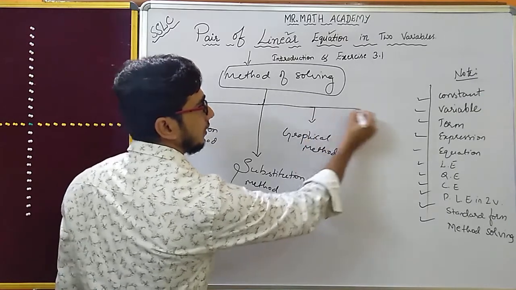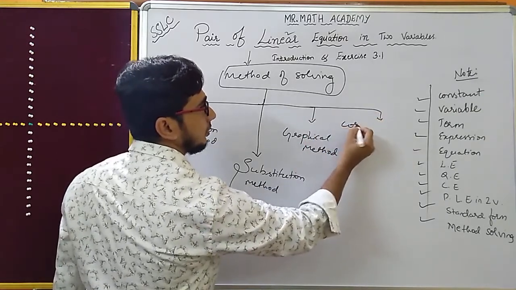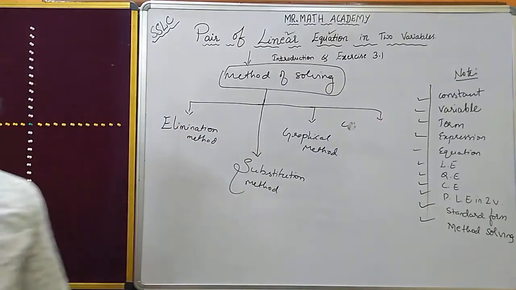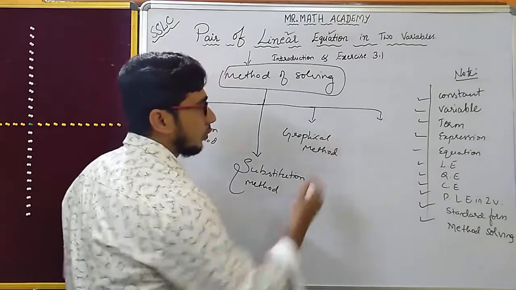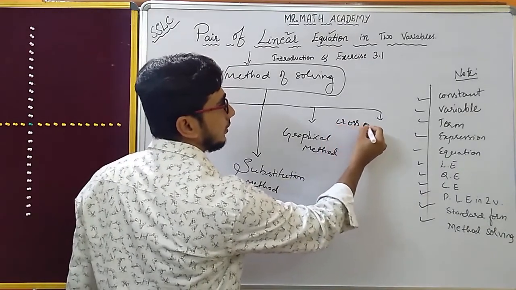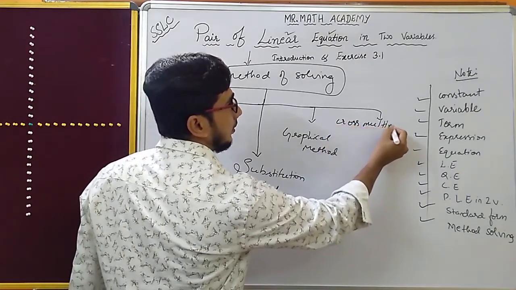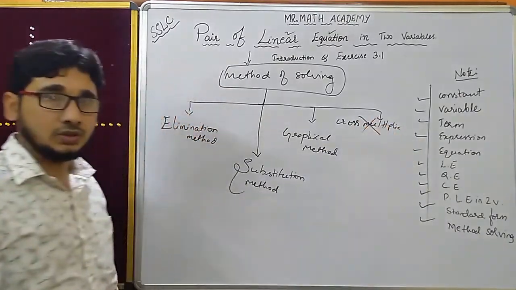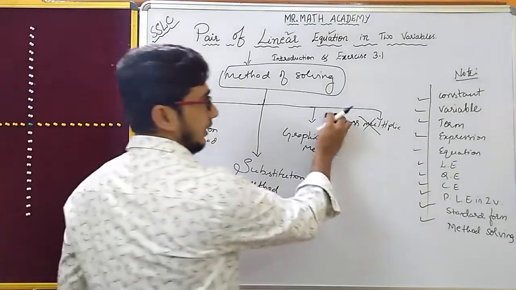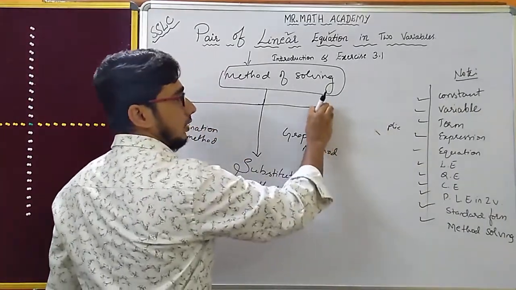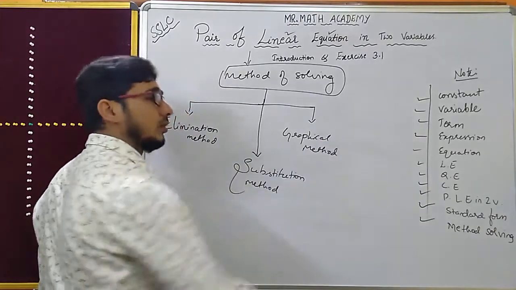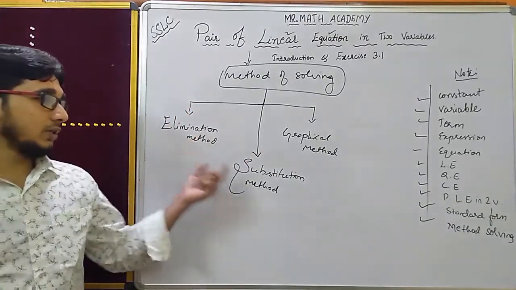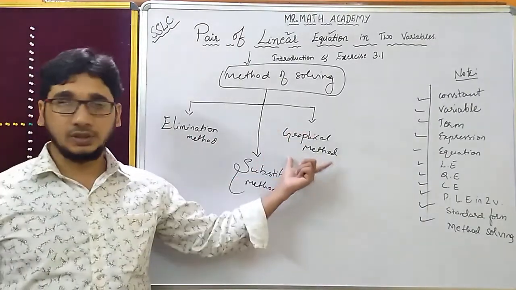One more is there, the cross multiplication method. This is not there for your examination, so no need to study it right now. If they add it in the examination, then we'll think about it. So we have three methods: elimination method, substitution method, and graphical method.